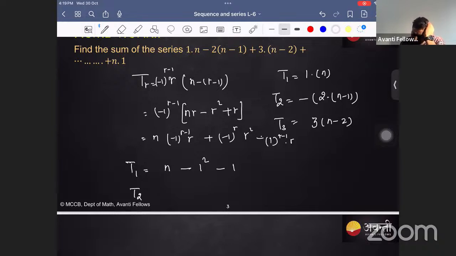Now what will be T2? T2 will be 2n with a negative sign, minus 2n plus 2 square. This is also minus 1 to the power 1, so it will become minus 2 square plus 2.